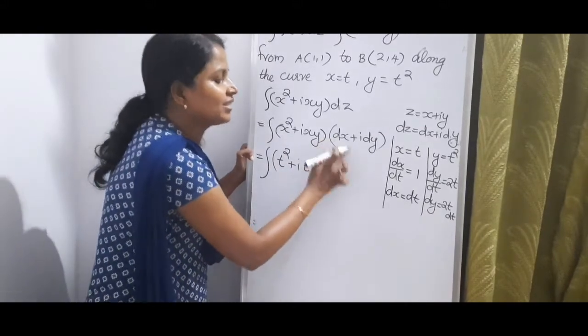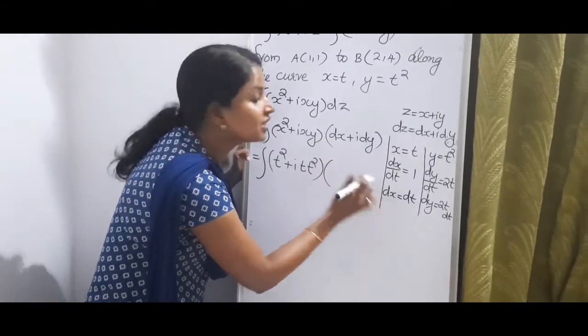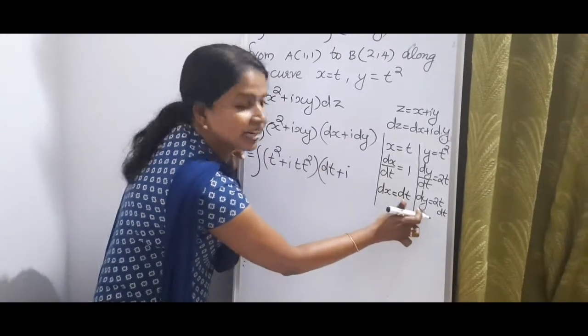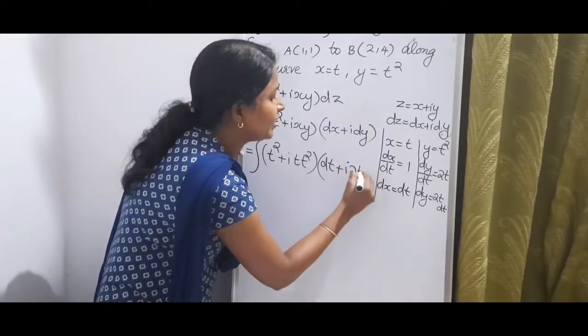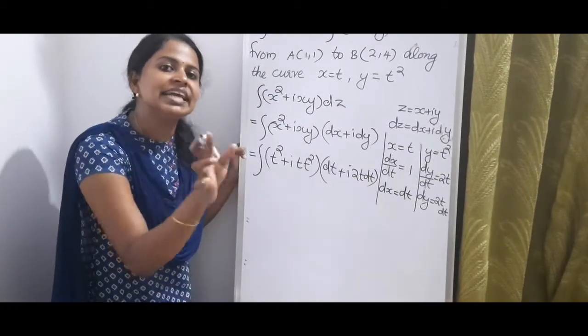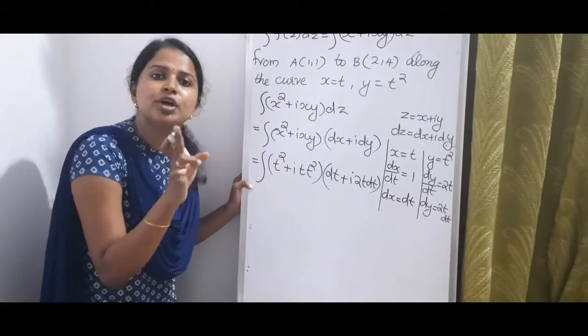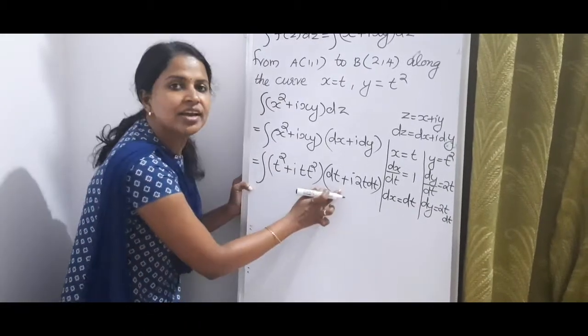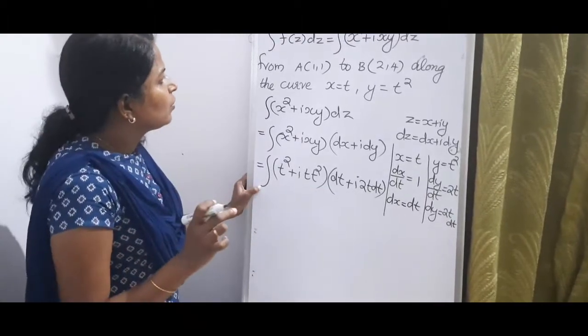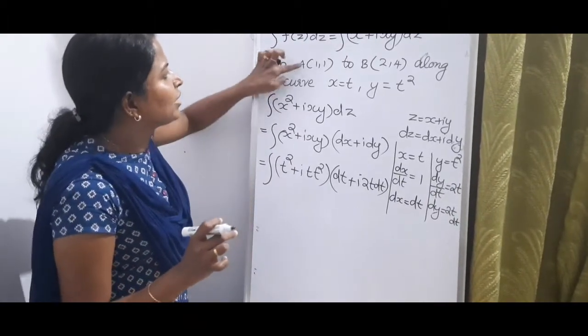Then dz, what is it? dx is dt plus i dy, and dy is 2t dt. All the terms are now in t, so we substitute the limit of t. The variable is t, so we find the limit of t.